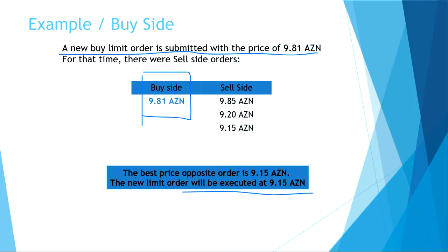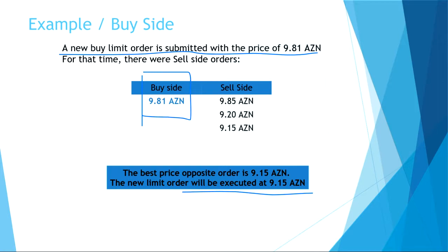So this sell side order is already in the order book. When we want to buy it, it's automatically executed at the lower price, 950. So the market price will be 950, not 981. The executed price will be the market price at that second.